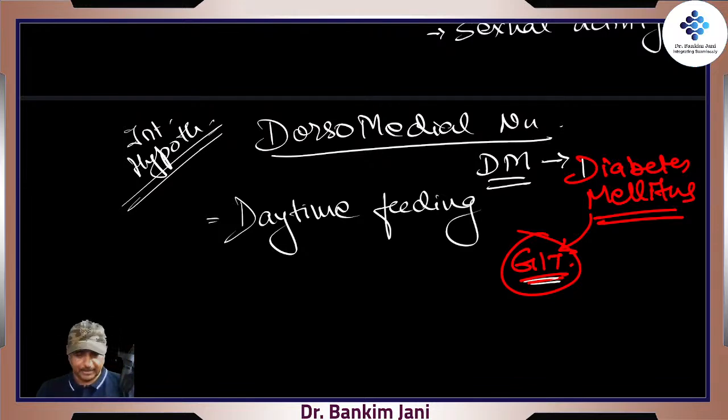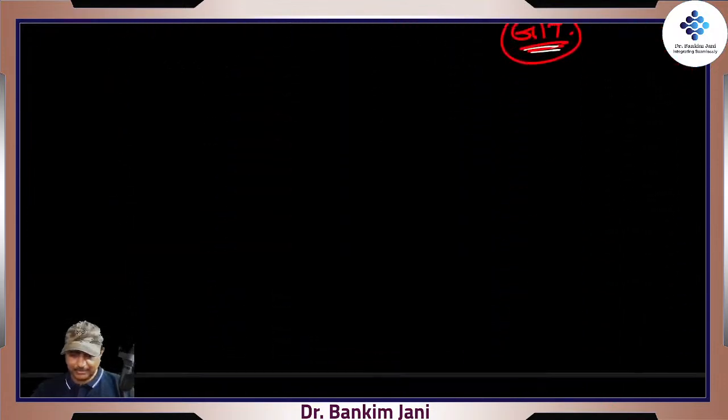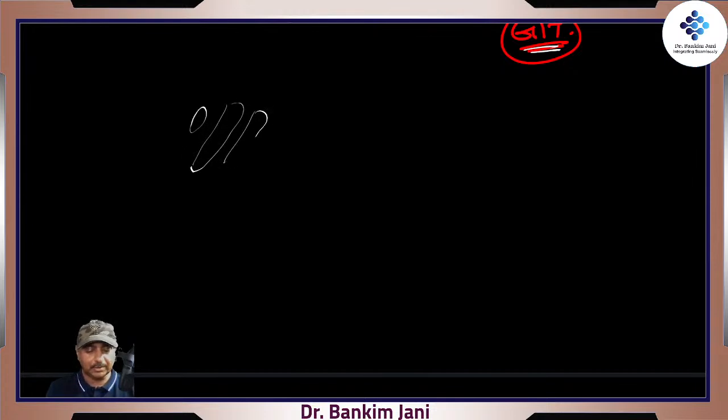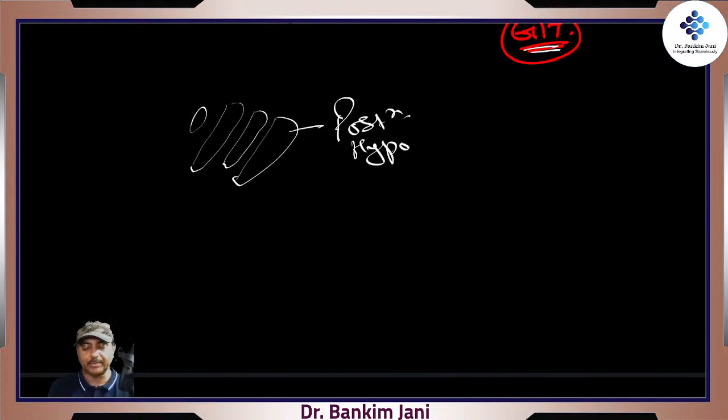Okay. So we talked about preoptic, we talked about the anterior hypothalamic, we talked about intermediate hypothalamic. The last one which is left out is the posterior hypothalamic zone.